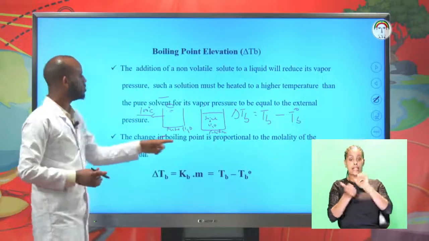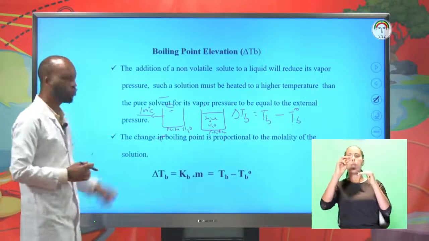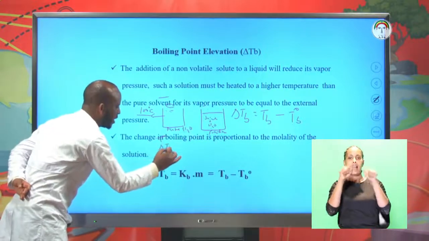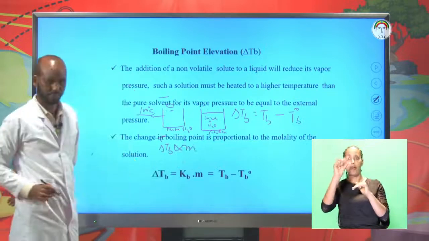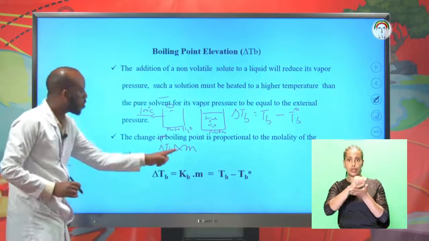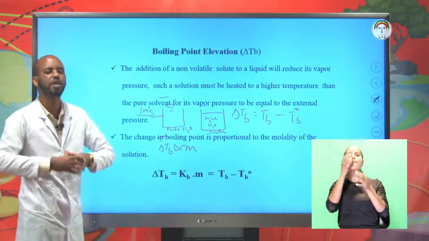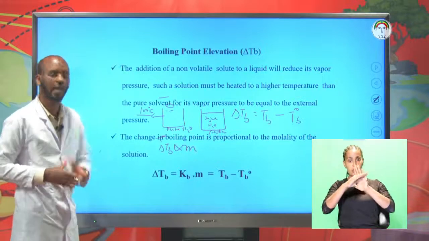The change in boiling point is proportional to the molality of the solution. ΔTb is directly proportional to the molality of the solution. This proportionality constant is known as the boiling point elevation constant, denoted by the symbol Kb.